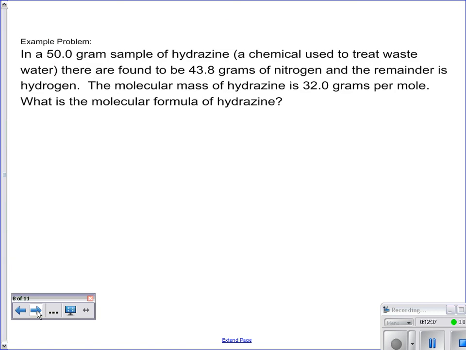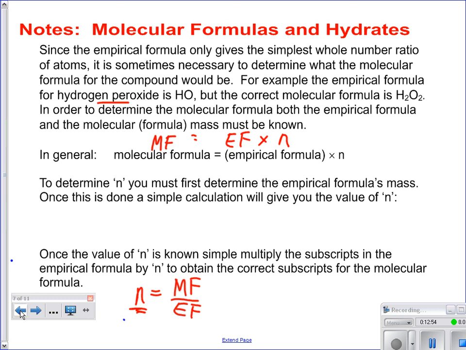So let's go through this example here. It says that we have a 50-gram sample of hydrazine. Well, it also tells us that hydrazine is just nitrogen and hydrogen, that's all we've got here. The molecular mass is given to us, which is a good time for me to come back and let you know that, by the way, I really didn't even write this correctly.